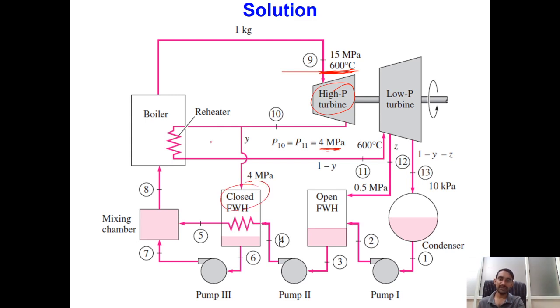The remaining 1 minus Y fraction we have passed through a boiler once again for reheating, and then this 1 minus Y fraction we have passed through a low pressure turbine. From the low pressure turbine, at a pressure of 5.5 megapascals, we have taken this Z fraction out.